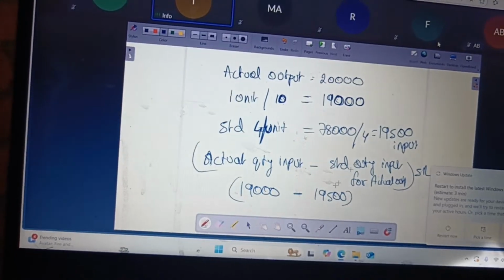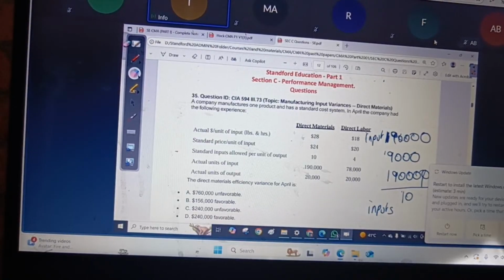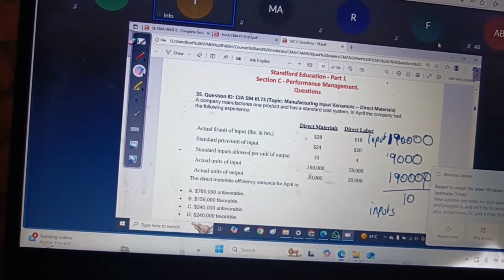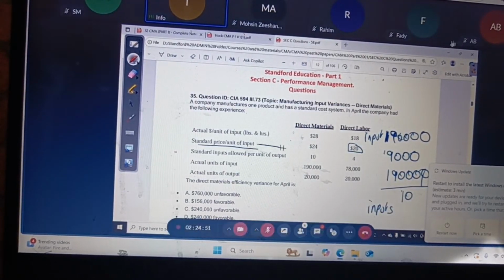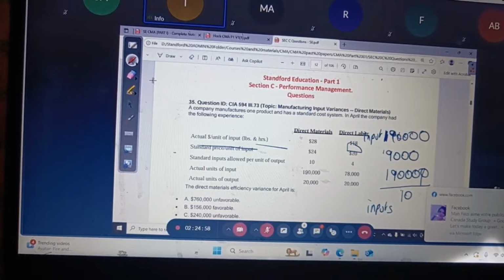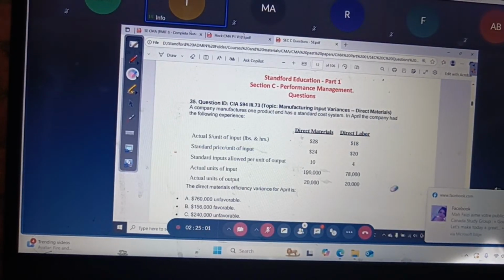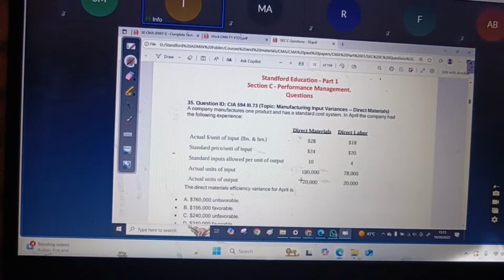Standard rate is 20. No, that is material, not the 24. Direct material efficiency variance, right? Okay. So why are they given direct material efficiency variance then? This is input.